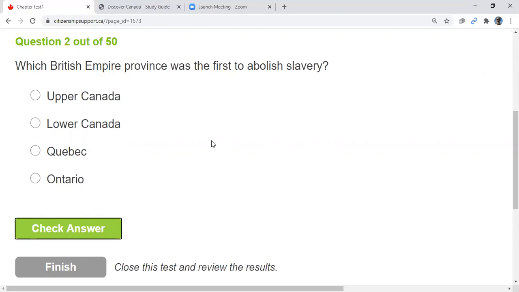Upper Canada. Number 1. Very good. Upper Canada. Very good.